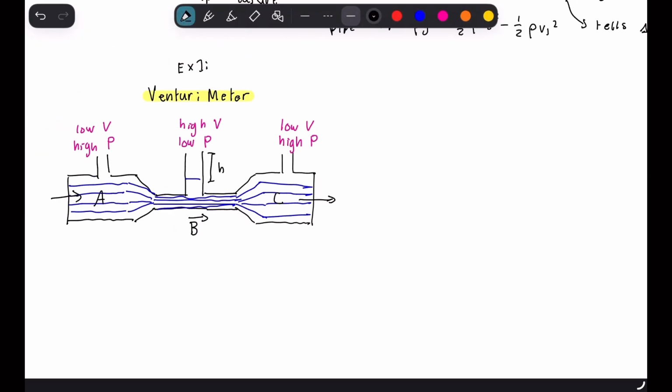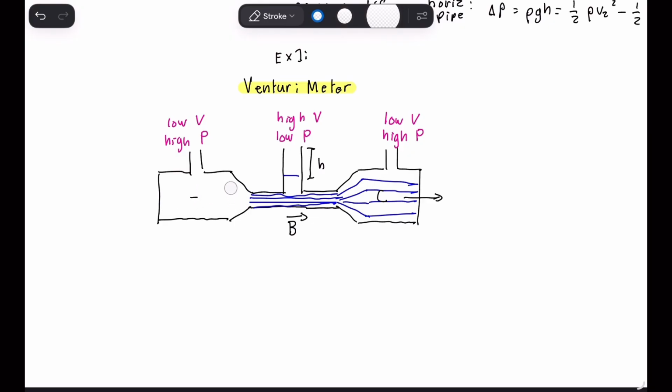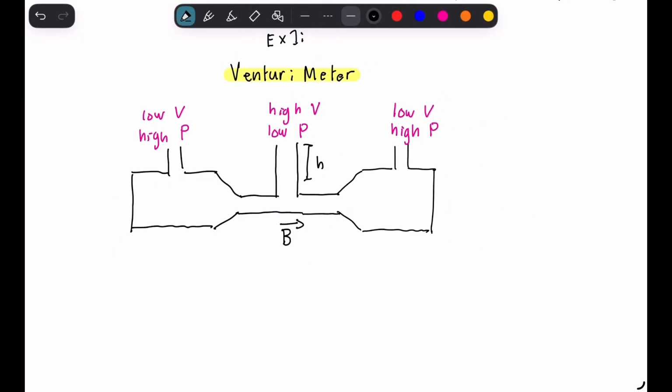In this Venturi meter, we're going to say that our V1 is equal to 4 meters per second, and we're going to say our V2 is this. Our height is 6 centimeters. And this height is just height. And this is our density.